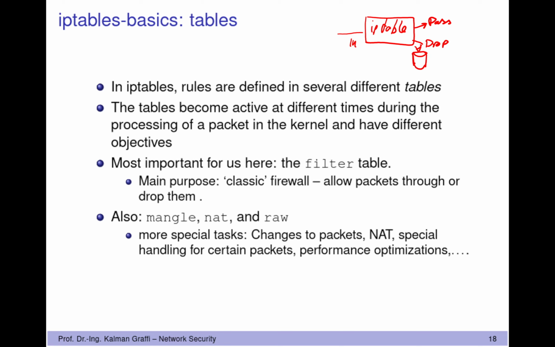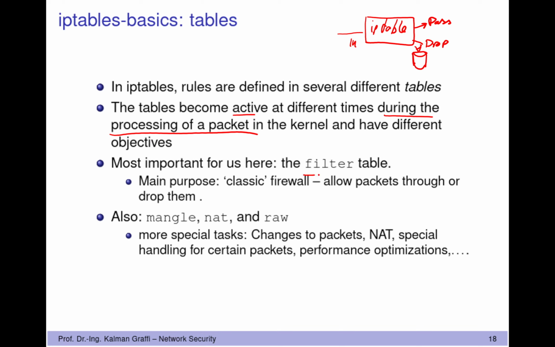Okay, so how does this work? If it becomes active during the processing of a packet, when a packet comes in, it is checked: is there some applicable rule? And if yes, then the corresponding reaction is initiated.